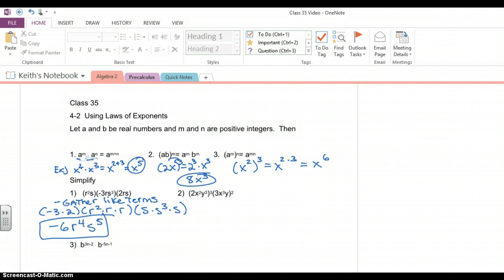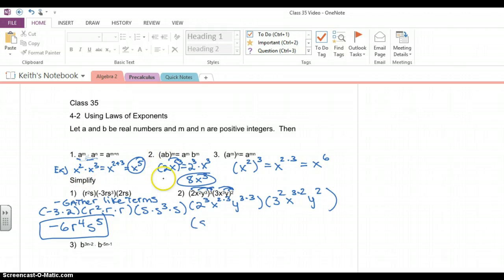Here, there are exponents, so you have to distribute the exponent to each term. So you have 2 to the third, x squared times 3, and y to the third times 3. And then here you're distributing the 2, so it's 3 squared, x to the third times 2, and y squared.